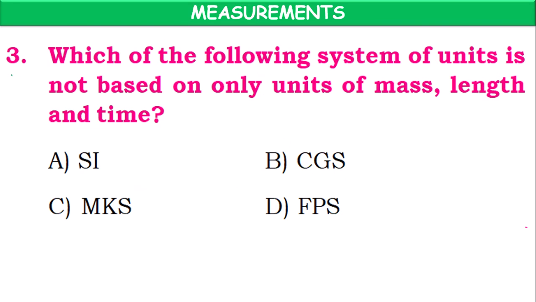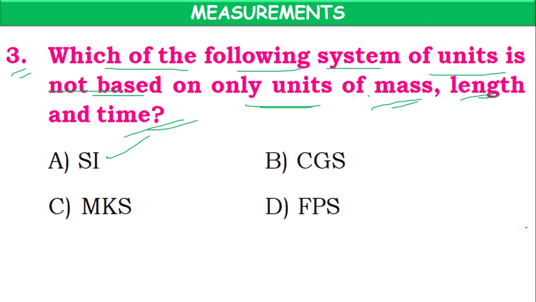Third question. Which of the following systems of units is not based on only units of mass, length, time? SI system, along with mass, length, time, has 4 more fundamental quantities and 2 more supplementary quantities.